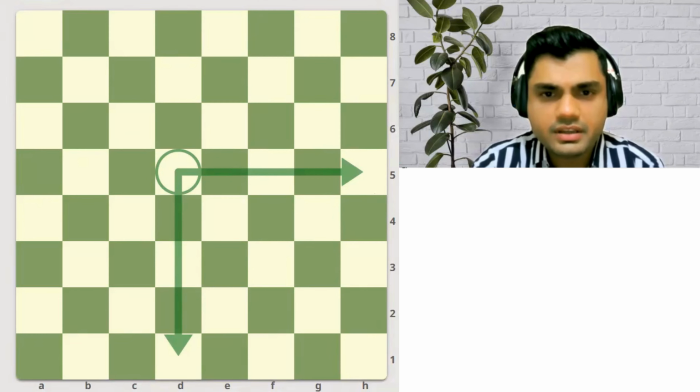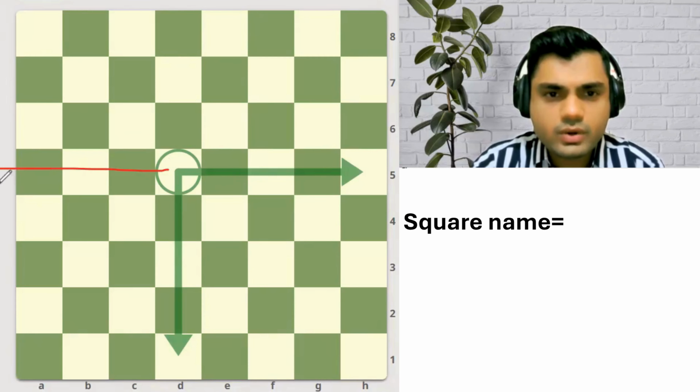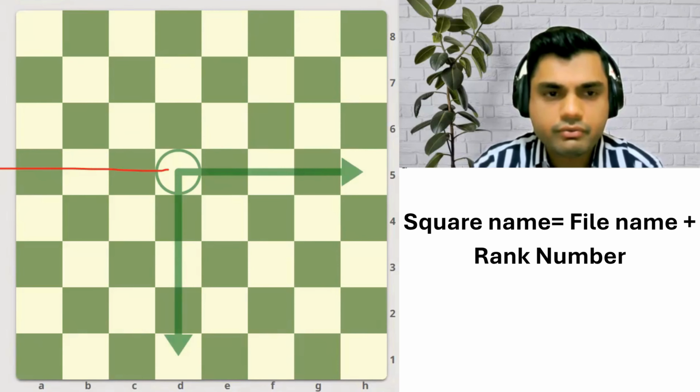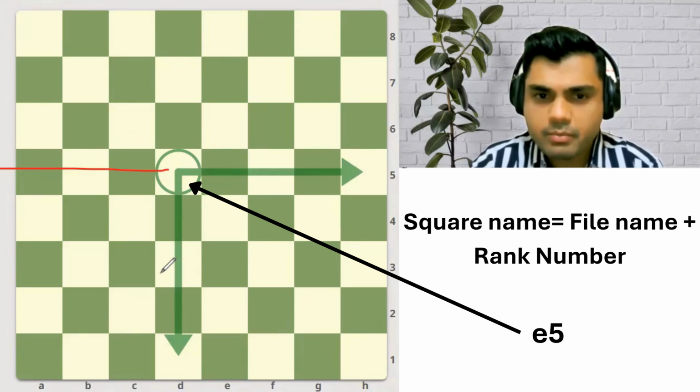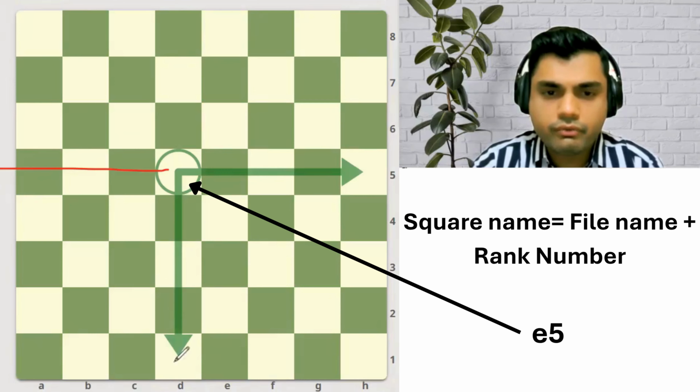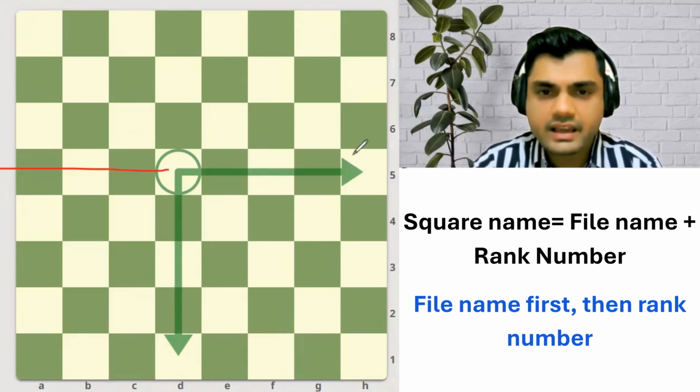For example, here the name of this square will be D5. Always remember, we write the file name first and then the rank number. Don't call it 5D, it's D5.